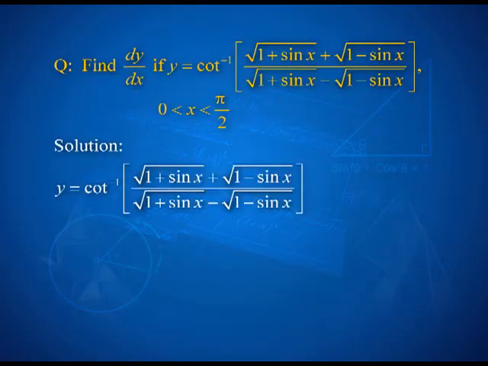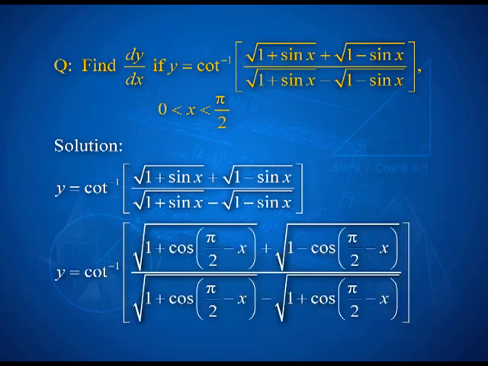Start with y, which is cot inverse root 1 plus sin x plus root 1 minus sin x upon root 1 plus sin x minus root of 1 minus sin x. What can we do? I can write that sin x as cos of pi by 2 minus x all across. Why would one do that?